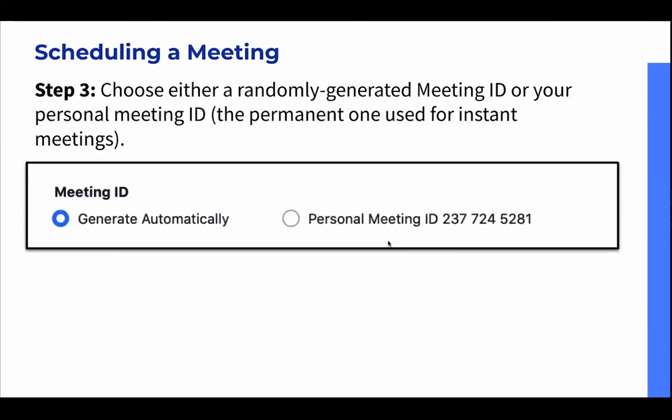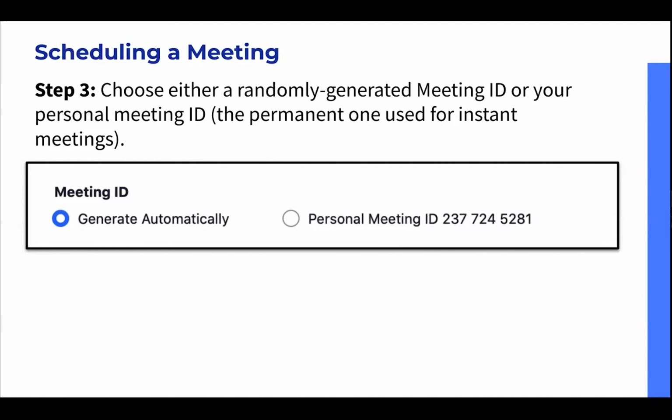And if we go to the next slide, it asks you again about the meeting ID. So when you're scheduling a meeting, you can have it generate a random ID, or you can use your personal phone number that Julio was talking about. So it depends what kind of meeting you're scheduling. Most of the time, people select to generate automatically a random meeting ID if it's just a random meeting, and that ID will be deleted after the meeting.